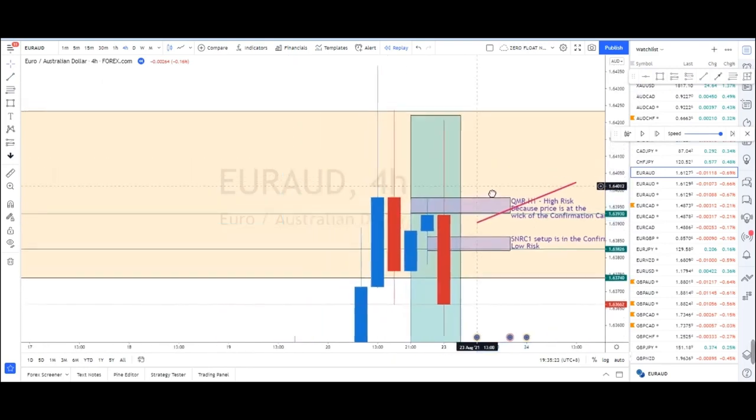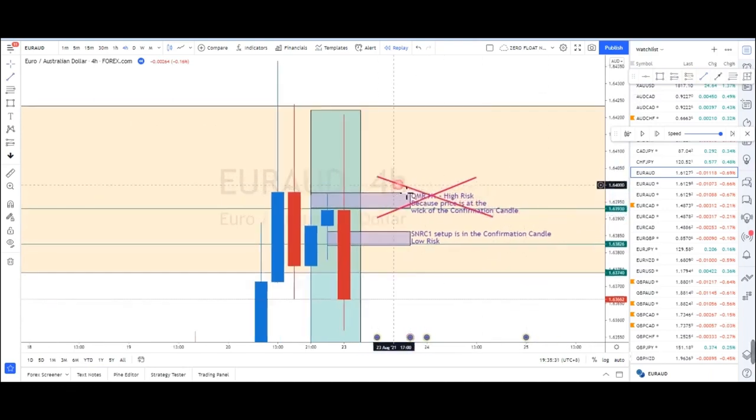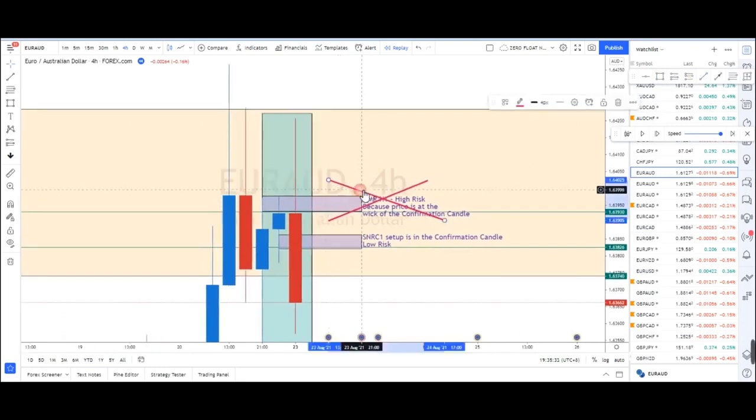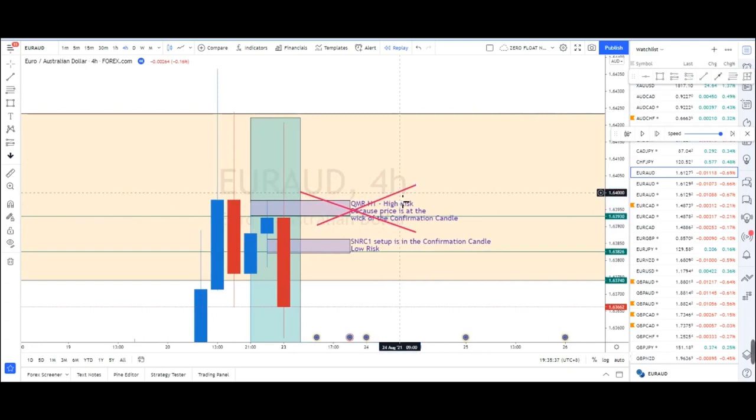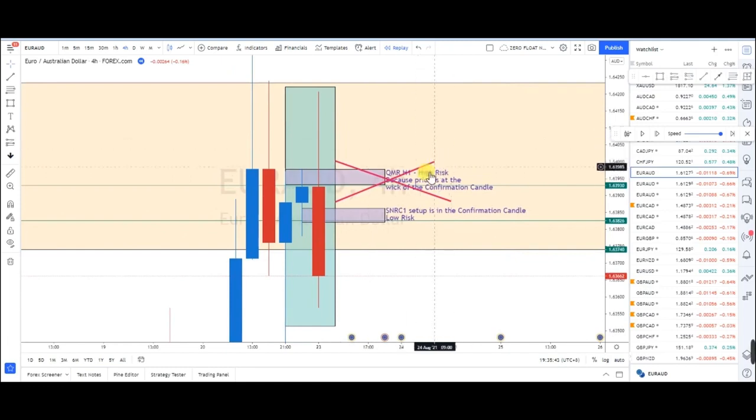Okay, so we're going to mark an X. X. There we go. Okay. Let me put it here, much better. Okay, X. Okay, so we do not want to enter the QMR H1. We will only enter the SNRC1 setup.